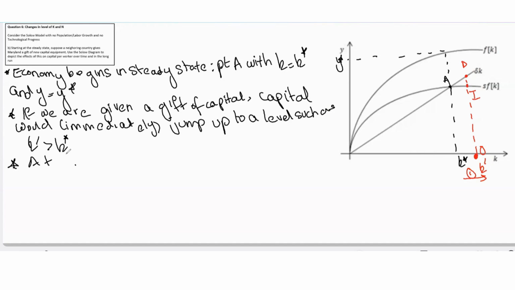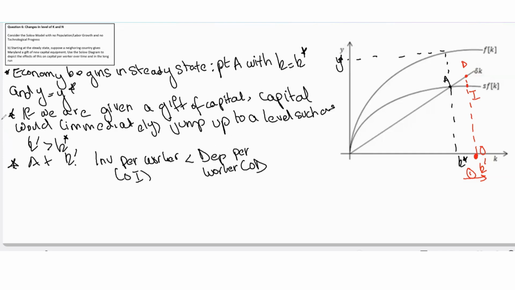At K prime, we notice that investment per worker, which is OI, is less than depreciation per worker, which is OD.